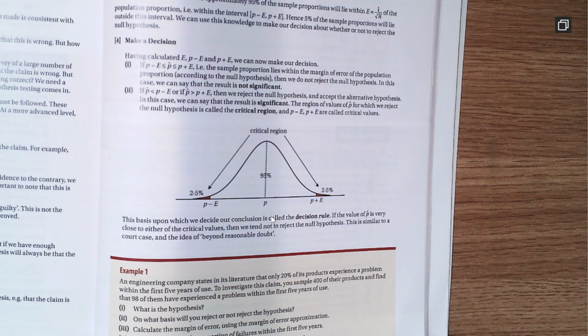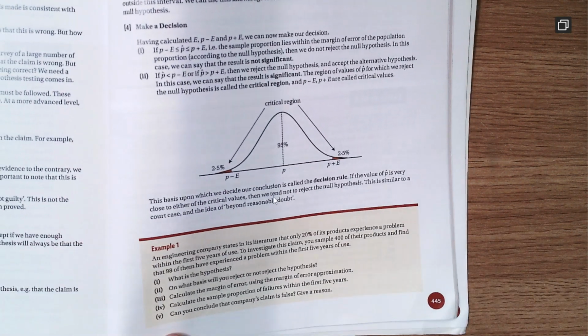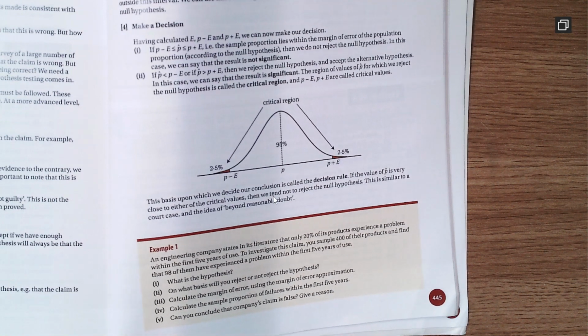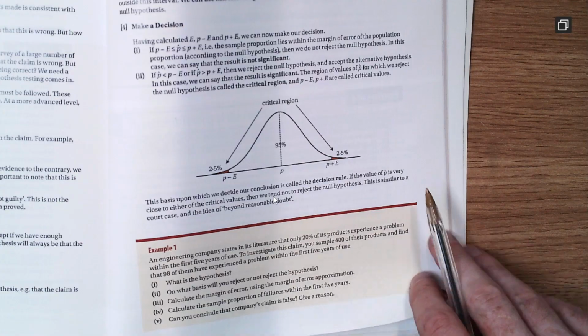What is the hypothesis? On what basis will you reject or not reject the hypothesis? Calculate the margin of error using the margin of error approximation, calculate the sample proportion of failures within the first 5 years, and then conclude whether the company's claim is true or false, and give a reason.